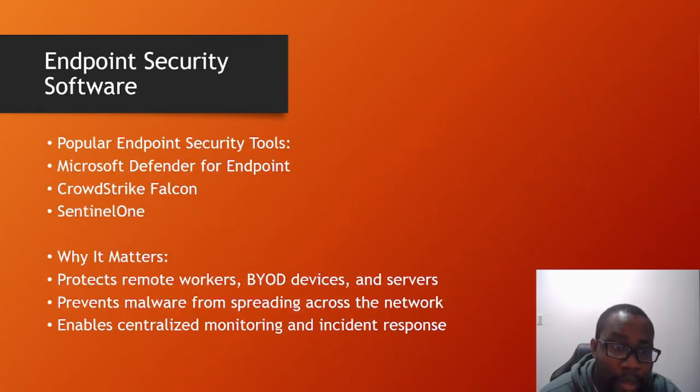All right. So why does this matter? This matters because you're protecting your remote workers, your bring-your-own devices, your servers, it prevents malware from spreading across the network, and enables centralized monitoring and incident response.